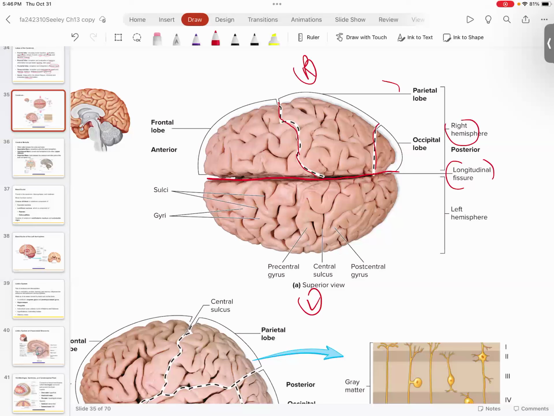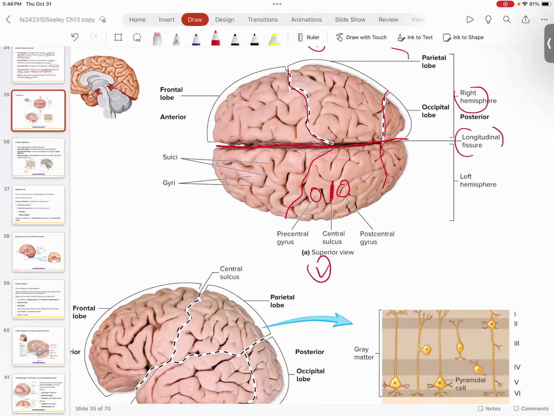And so here's your parietal lobe, like that. Your central sulcus is usually a little bit of a deeper groove than usual. So there's your central sulcus right there, with your precentral gyrus on one side, your postcentral gyrus on the other.